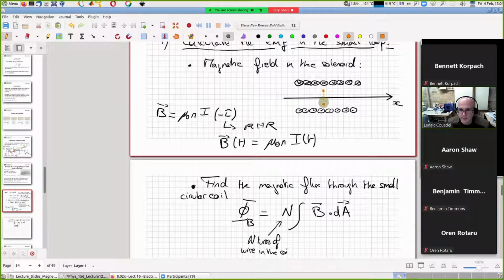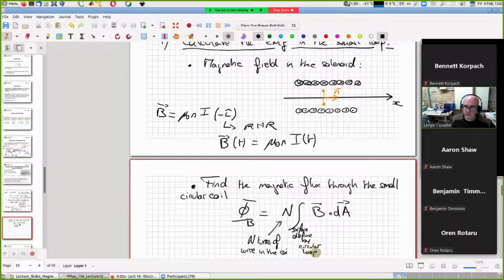So my n hat vector, I can put it like that. What will be the result of this B dot dA then? The n hat vector is perpendicular to the surface, therefore parallel to the axis of the solenoid. So what is the result of this integral, over the surface defined by the circular loop?